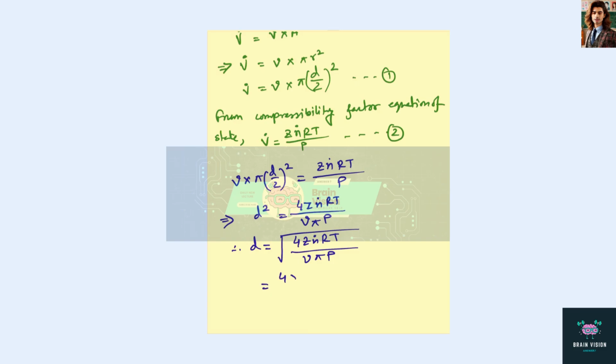Now we can insert all the known values. The compressibility factor is 0.86. The molar flow rate given is 35 kilomole per hour.